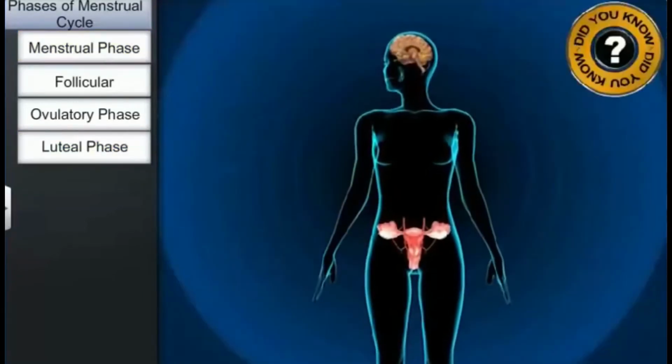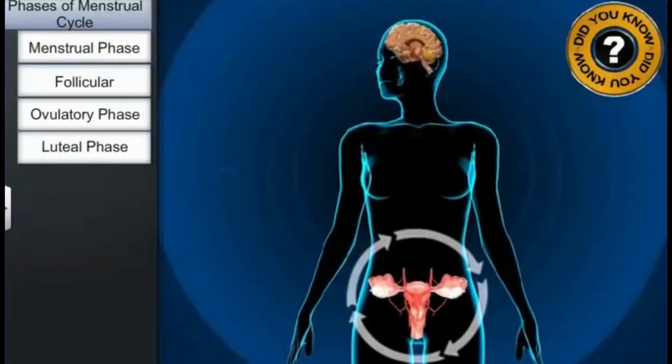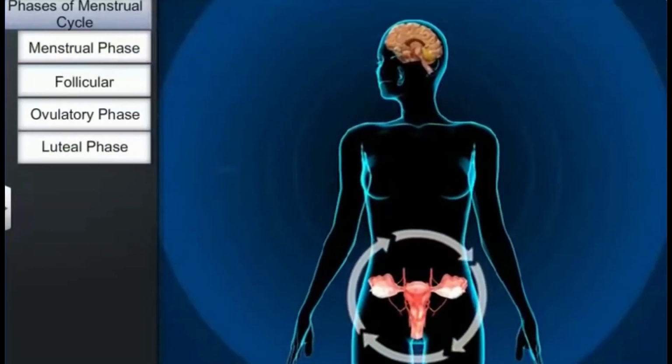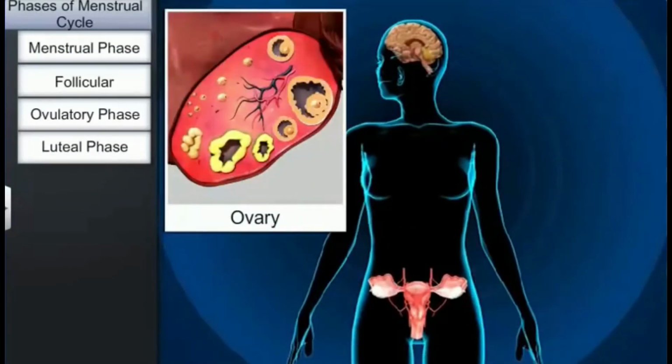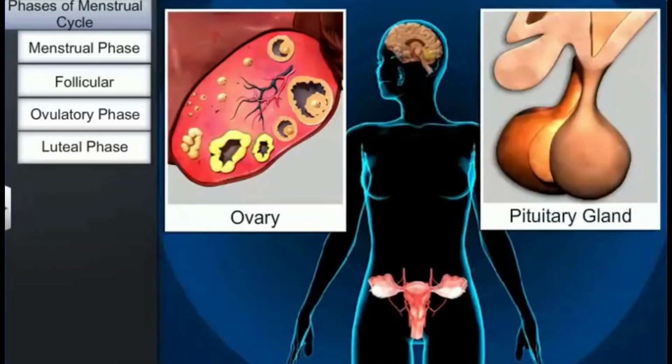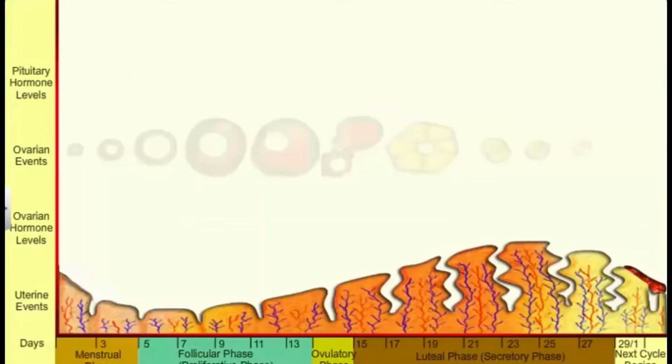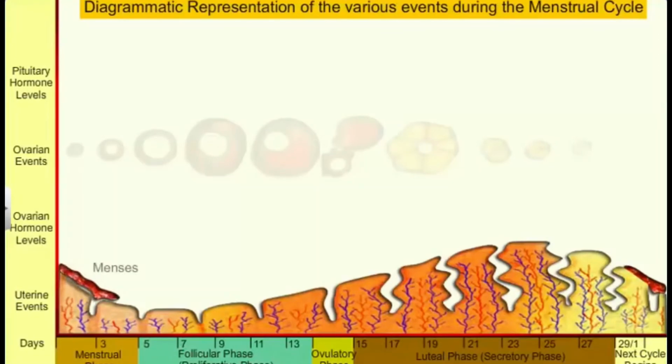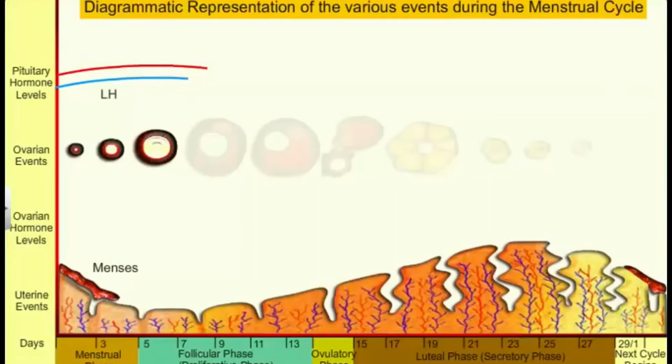Did you know that the phases of the menstrual cycle are controlled by the interplay of different hormones secreted by the ovary and the pituitary gland? At the onset of menses, the anterior pituitary gland increases the secretion of two gonadotropin hormones, LH, that is luteinizing hormone, and FSH, that is follicle stimulating hormone.